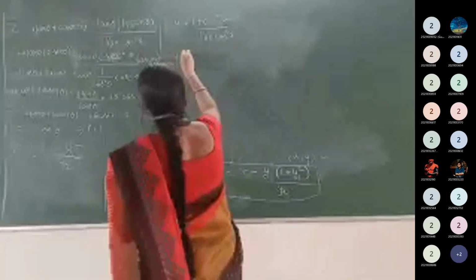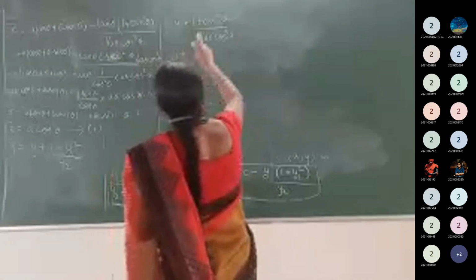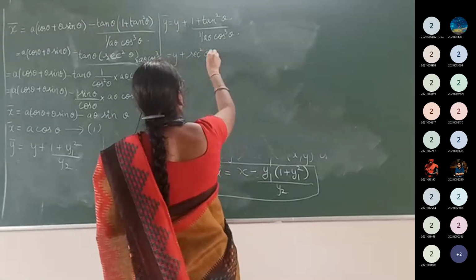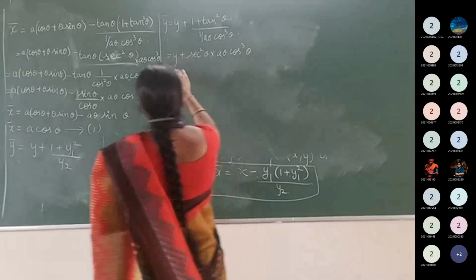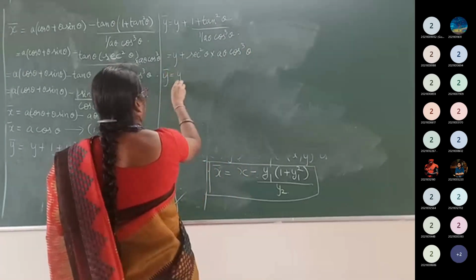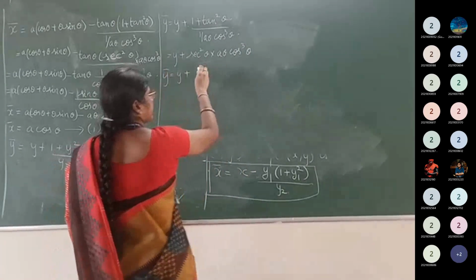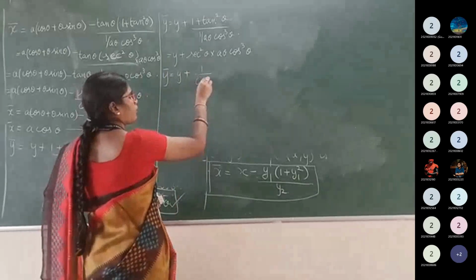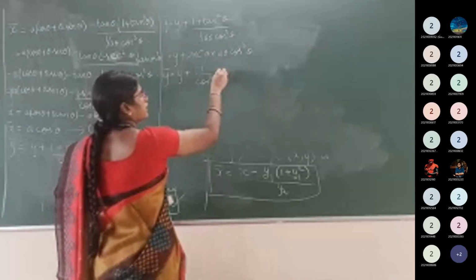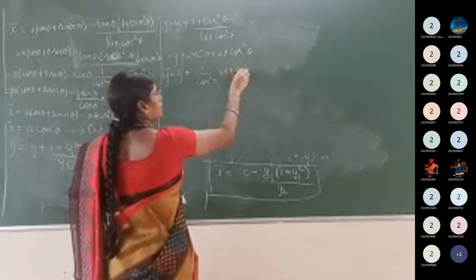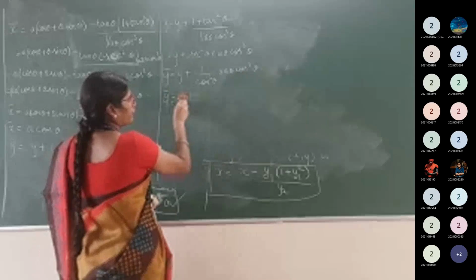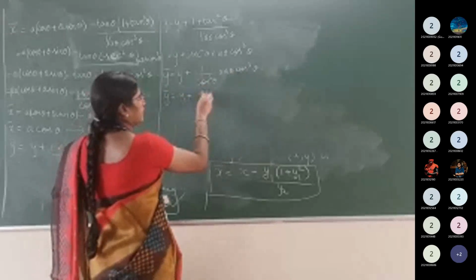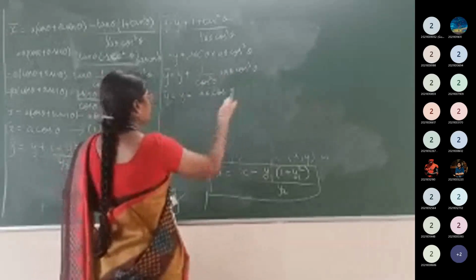So y plus secant squared theta into a theta cos cube theta. Y bar is equal to y plus, here I can write 1 by cos squared theta into a theta cos cube theta. Y bar is equal to y plus a theta cos theta.